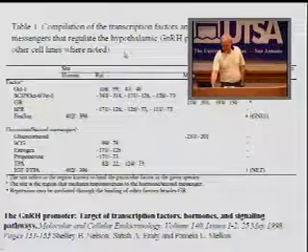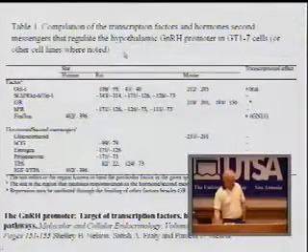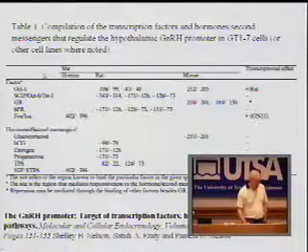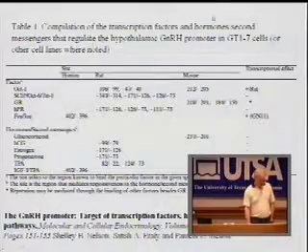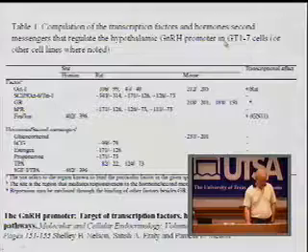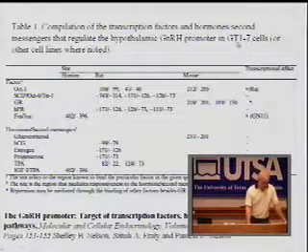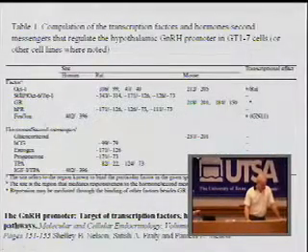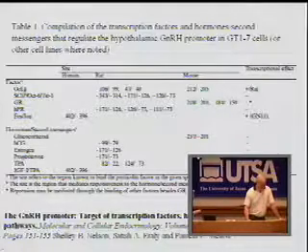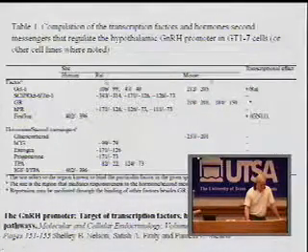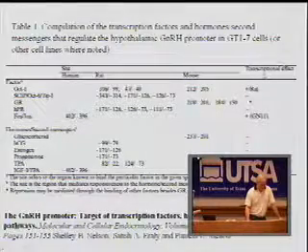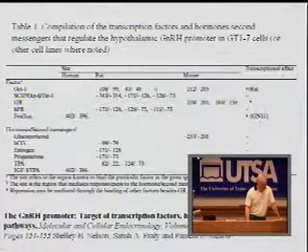Now this table is showing us a little bit more information about the compilation of the transcription factors and the hormones or second messengers that regulate the hypothalamic GnRH promoter in the GT1 cells. So these people did quite a bit of work to map where they are in human, rat, and mouse, and to give us a feeling for the transcriptional effect.